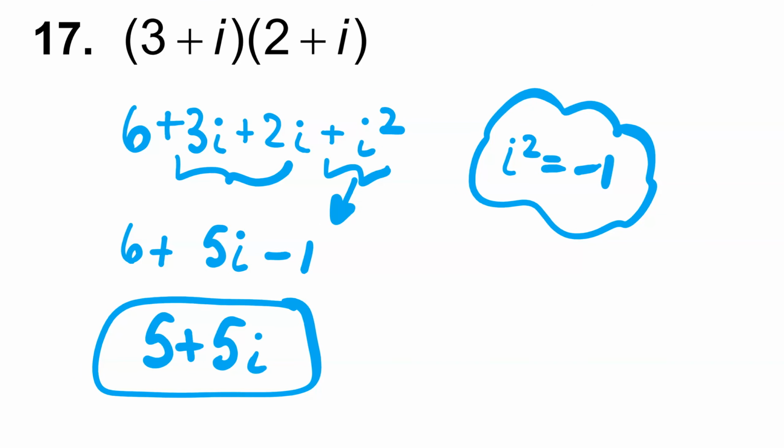No, this is 5i. This is not i to the 5th. That's different. For every i raised to a power, the pattern is i, negative 1, negative i, 1. So number 19, I'm going to go over that. I'll go over the pattern for the i's on number 19.